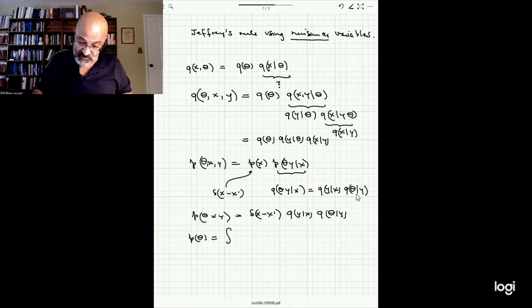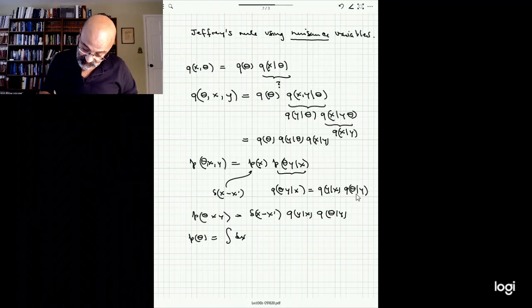Integrate over x and y, and the x, and we have the integral over dy.